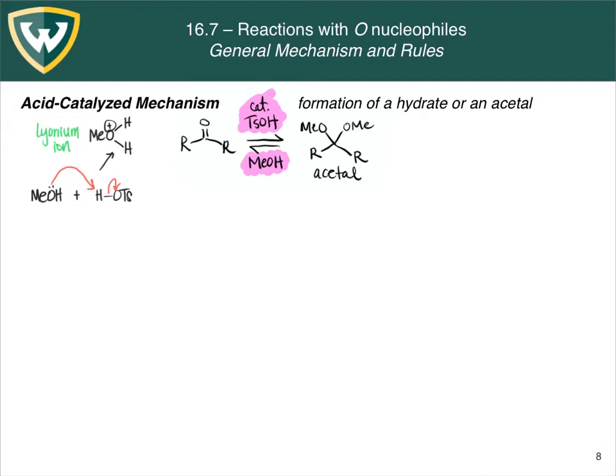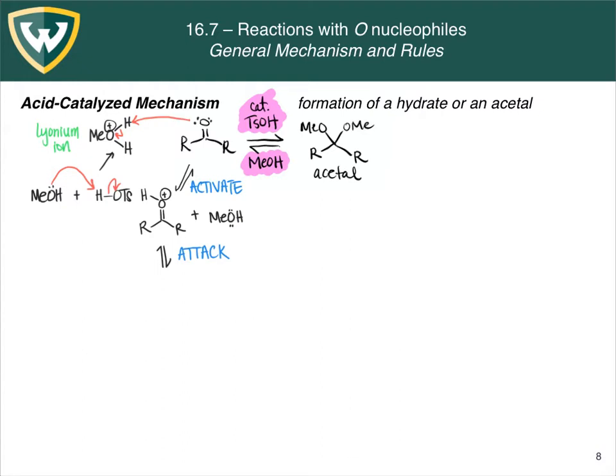So next we're going to take our basic lone pair from our carbonyl, and we're going to activate the carbonyl. So that leads to this intermediate here, the activated carbonyl, and produces the methanol.